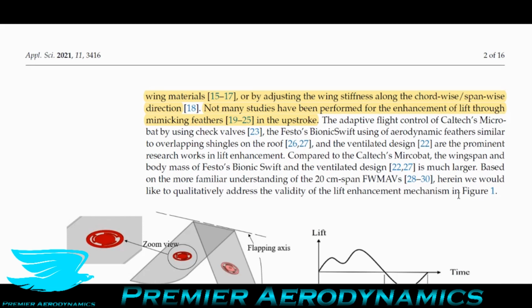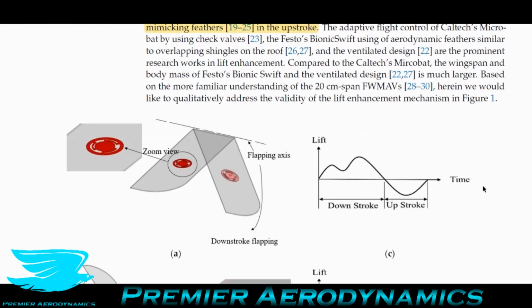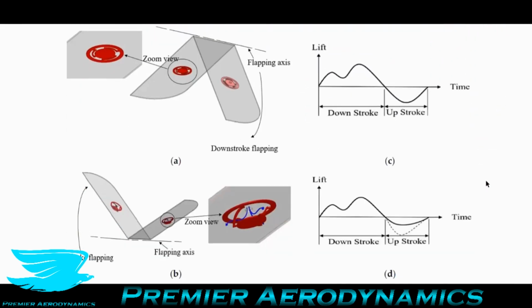On the upstroke, though, in certain regions of the wing, the feathers actually get turned perpendicular, so the air goes through between the feathers, and it's not producing lift now. So the overall effect is a net lift. And this is what these valves are trying to mimic.